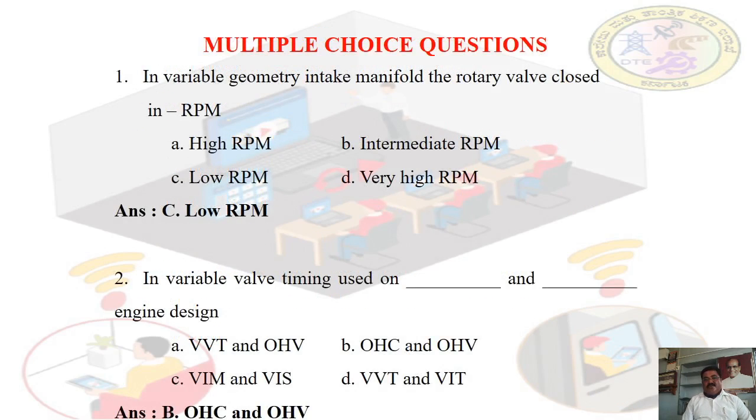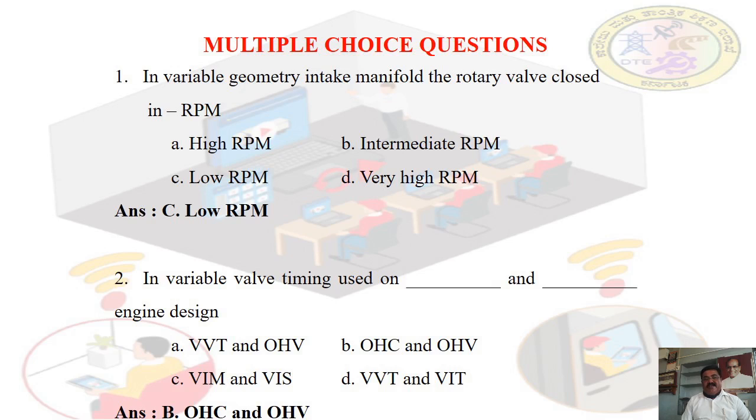Multiple choice questions. In variable geometry intake manifold, the rotary valve is closed in dash RPM, revolution per minute. Option A, high RPM.